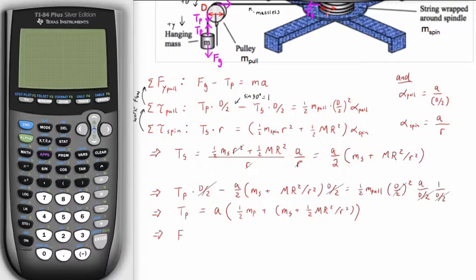So we'll have Fg, which is just given to us as a force, minus a times 1/2 MP plus MS plus, oh, still had a 1/2 in there. All right, plus M R squared over r.